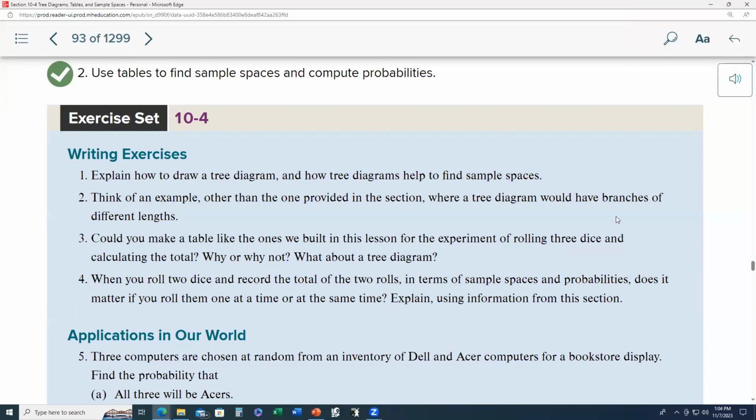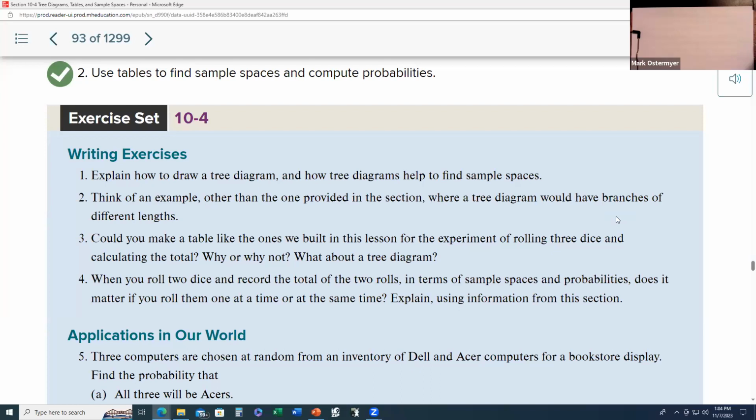Table, maybe? Well, we've seen where a table came in handy for rolling 2 dice, correct? There were 36 outcomes. And rolling 2 dice was conducive for a table because the rows would represent the outcome, let's say, on die one, and the columns represented the outcome on die two.